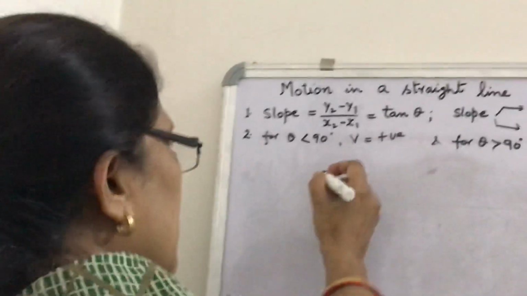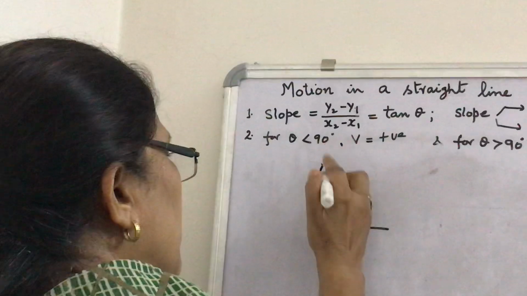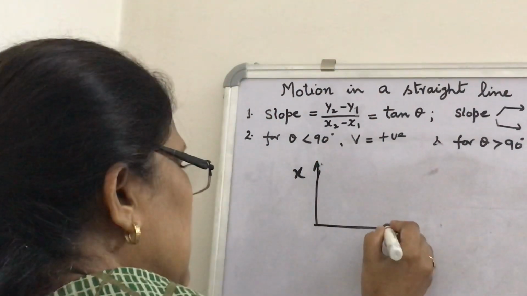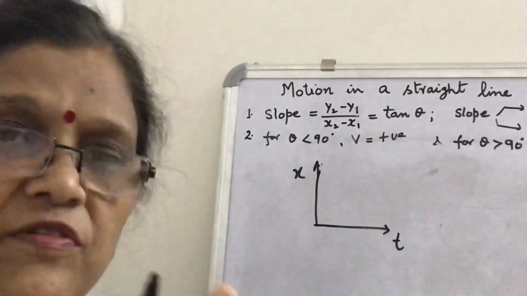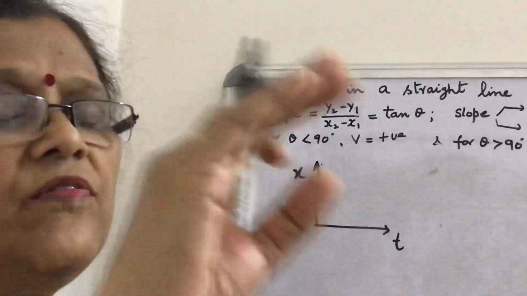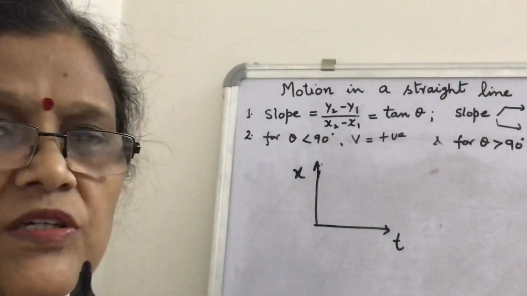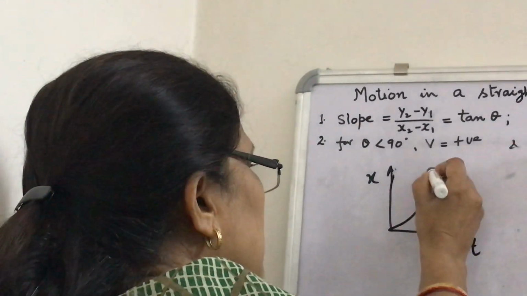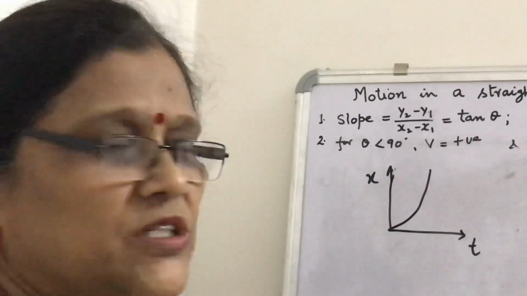Look, for the xt graph, this is the x position and this is t. What I told in the previous video is that the position time graph is always a curve for accelerated motion. So if the acceleration is positive, then this is the xt graph for accelerated motion.